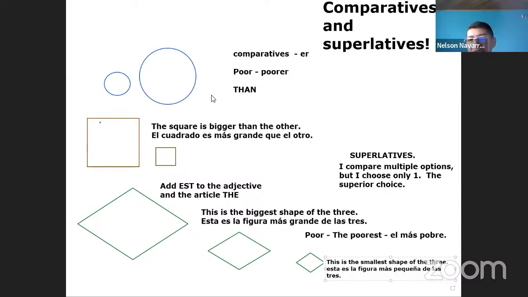Let me give you an example. Comparatives only need than, when I have a general sentence with two options.